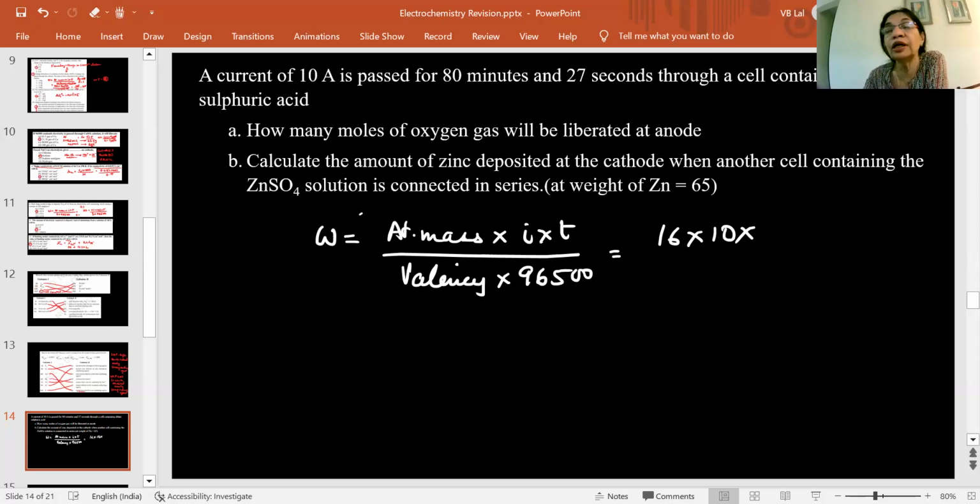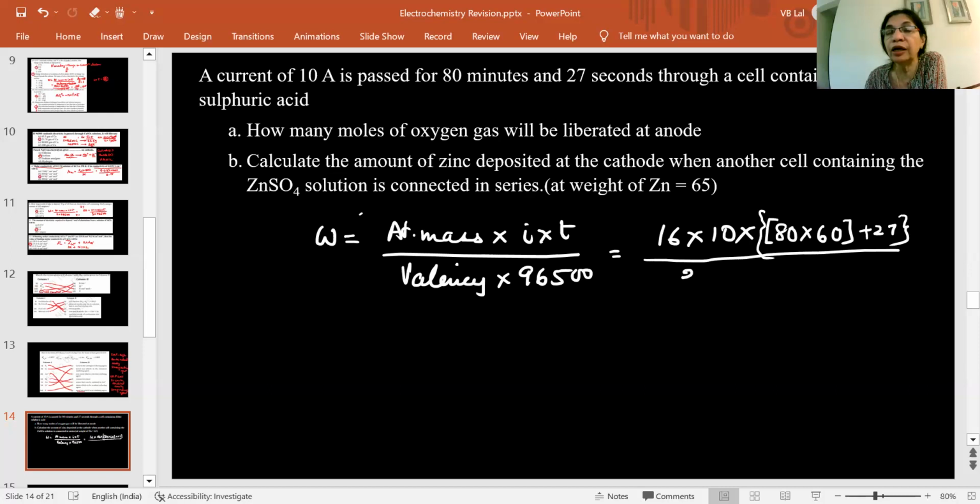So how will you convert 80 minutes and 27 seconds into seconds only? It will be 80 into 60, plus 27. Convert minutes also to seconds.